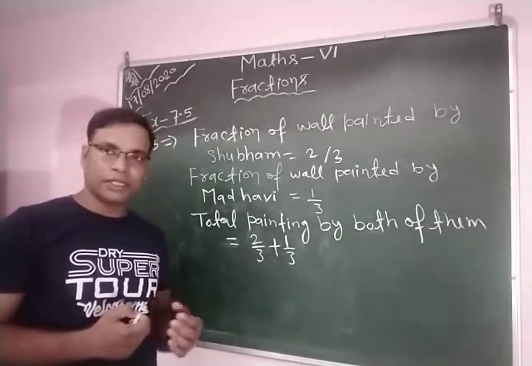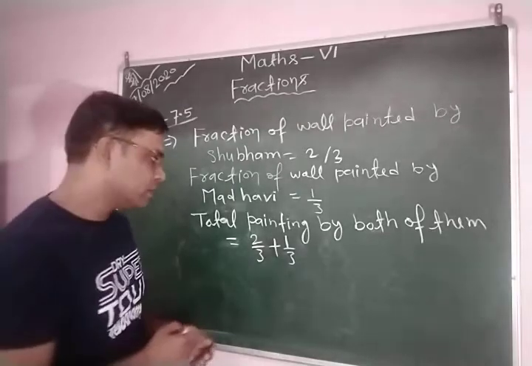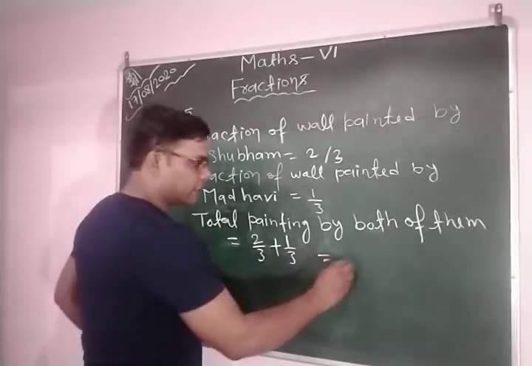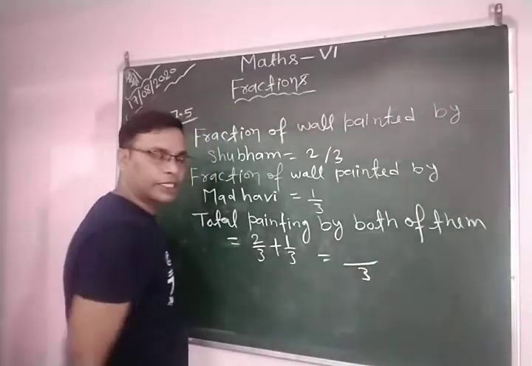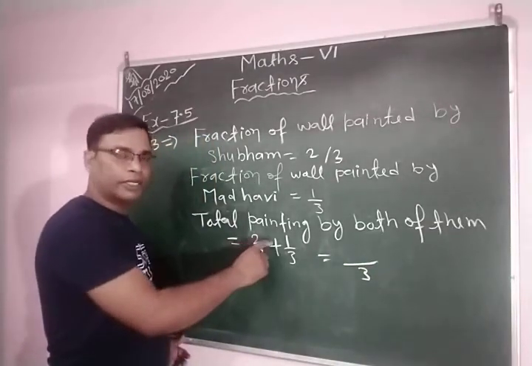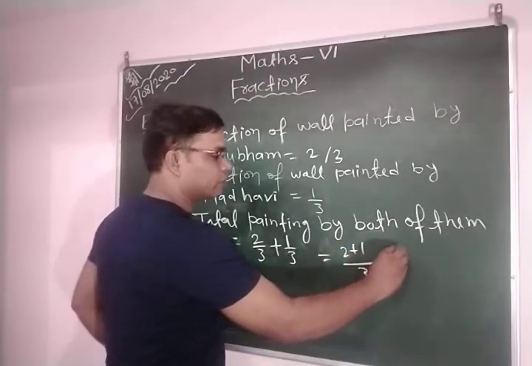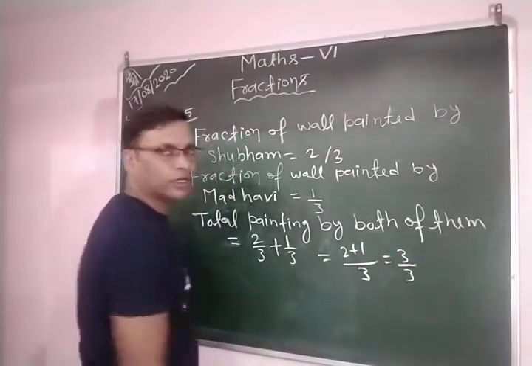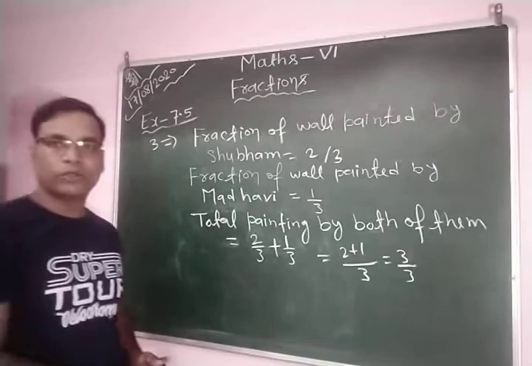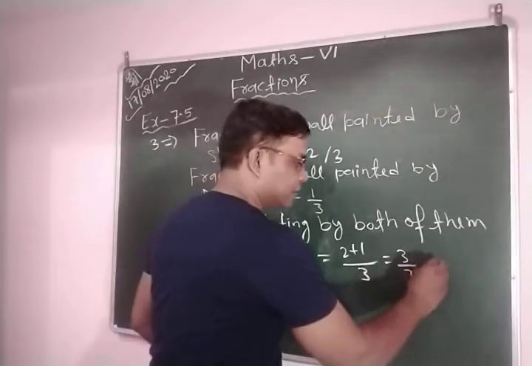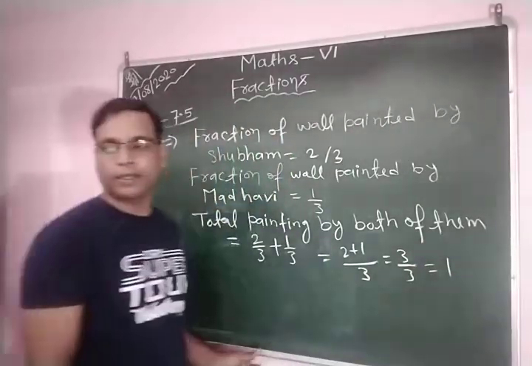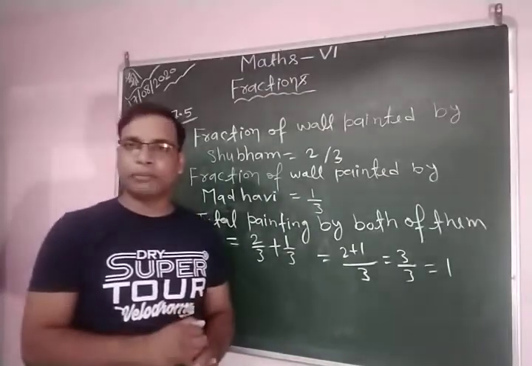In like fractions the denominators are the same, so you write the denominator 3 and add the numerators, 2 plus 1, which is equal to 3 by 3, which is equal to 1. Therefore they painted the complete wall.